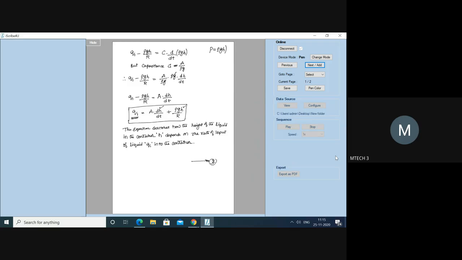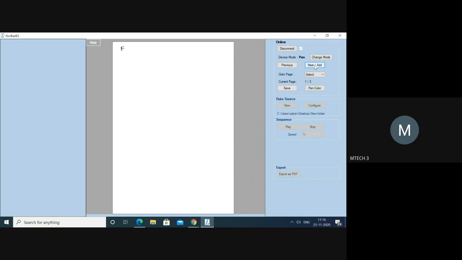Write down. Next, example 2. For the following figure, derive an expression for how the height of the liquid in the containers changes.